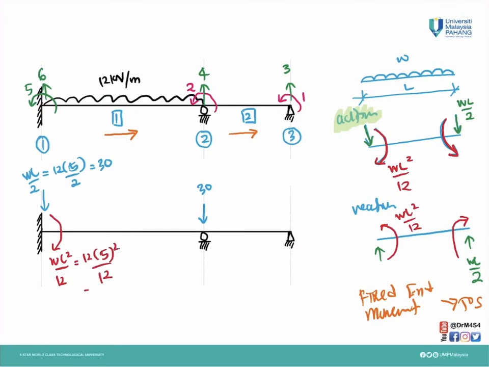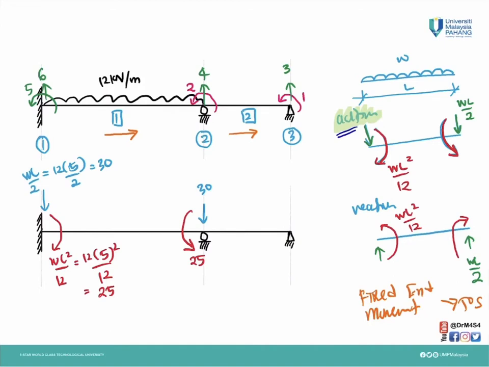So we have 25 on that direction and 25 on that direction. So always remember, to calculate this value, you need to use an action direction. So here is 25 for moment.